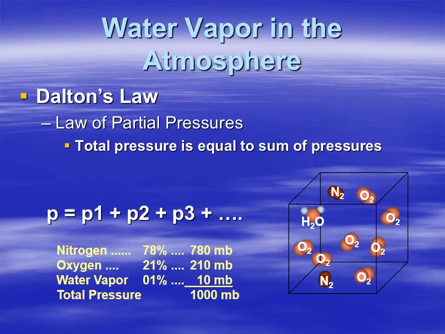So that means that typically our pressure at sea level is pretty close to 1,000 millibars.